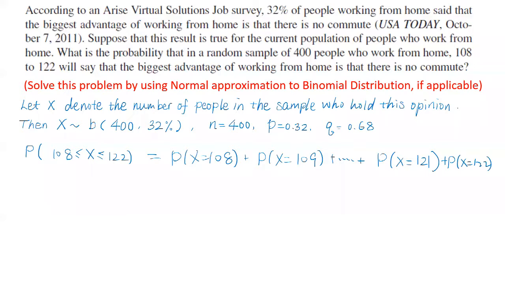As you can see here, we need to calculate all these values, which is very time consuming, right? So here we can use a normal approximation to simplify the calculation.